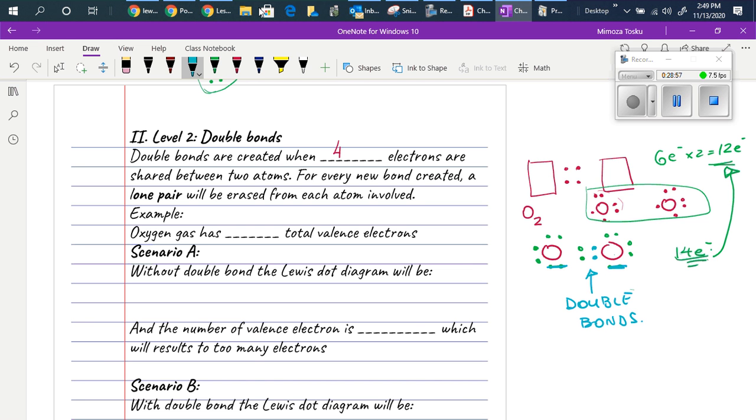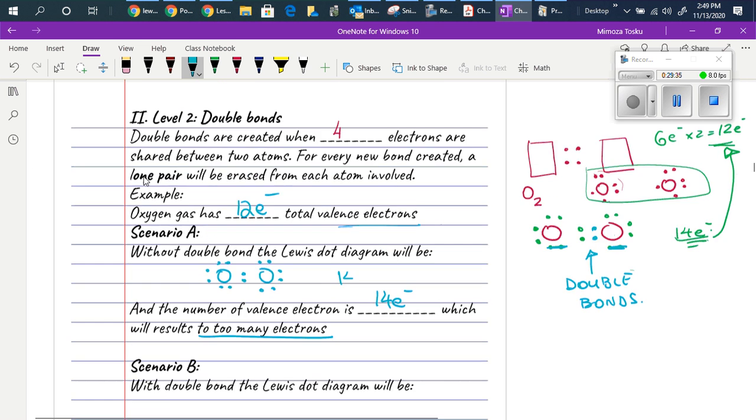All right, so again, the oxygen gas has in total 12 valence electrons in the outer shell. Without the double bond, the Lewis dot diagram will be like this, which results in 14 electrons in total, too many in comparison to what we have available to place.